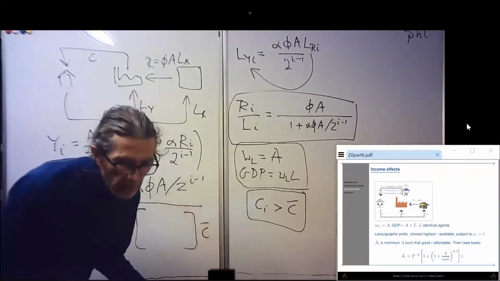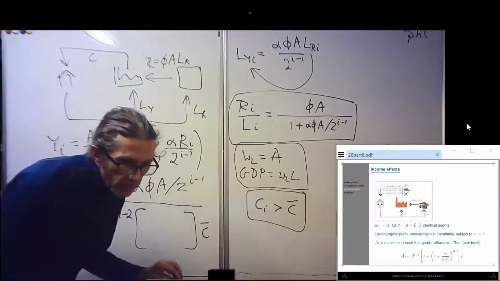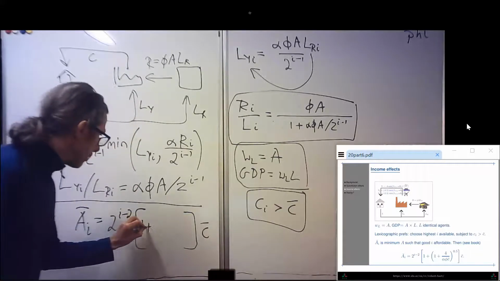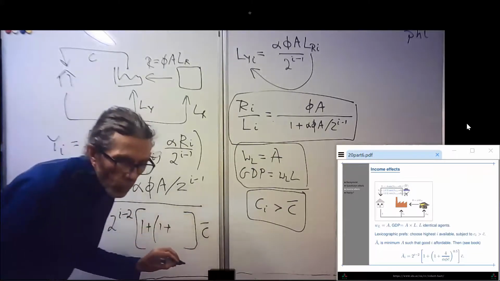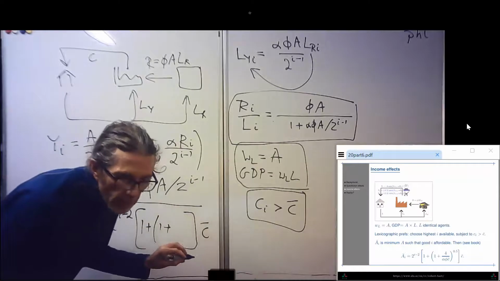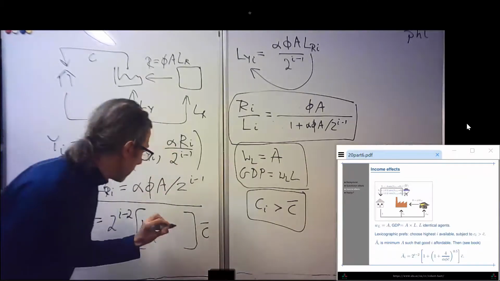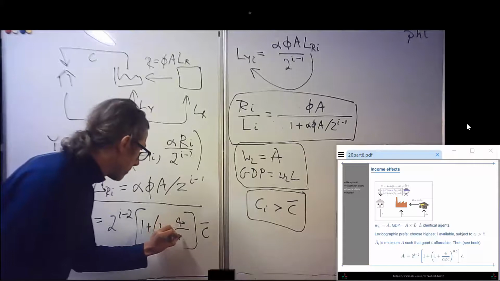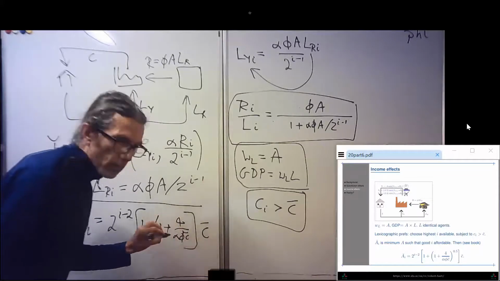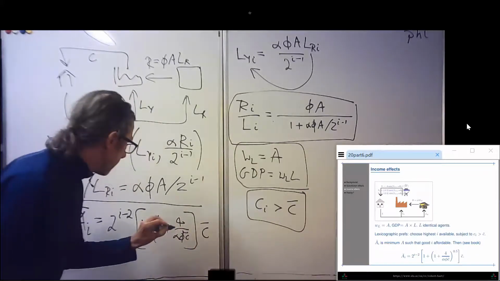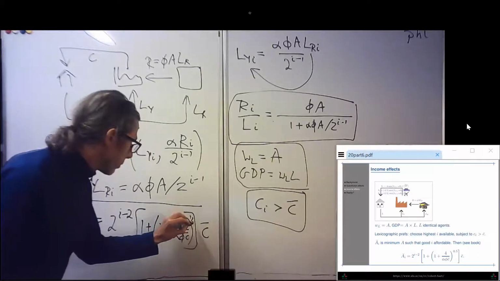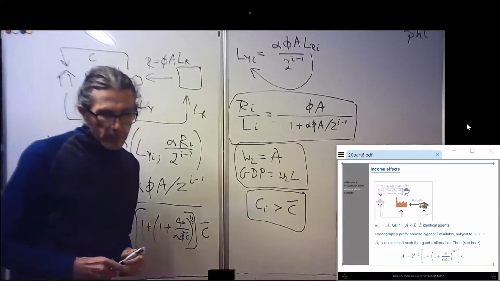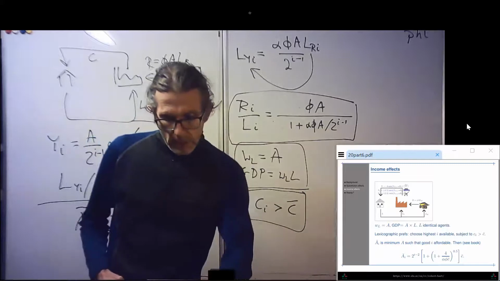And what's the square bracketed thing? It's 1 plus 1 plus 4 over alpha phi C bar, to the half, or the square root of that. Okay.